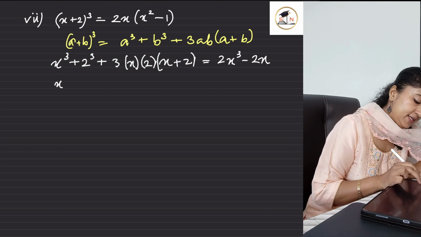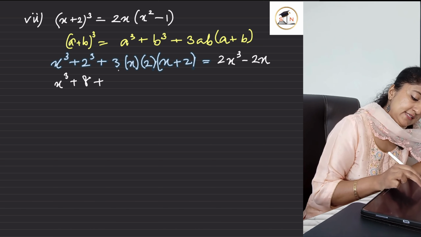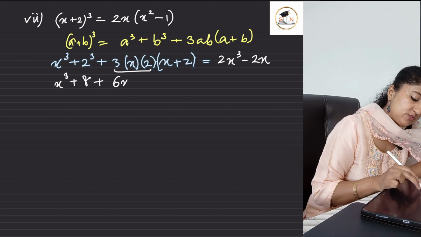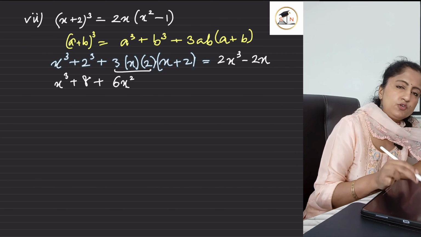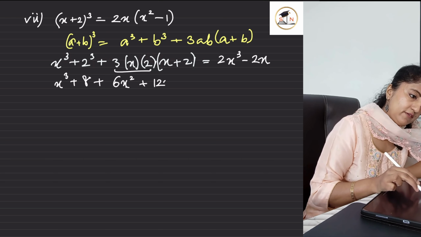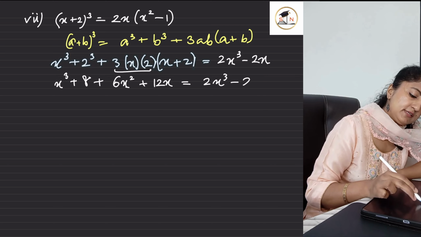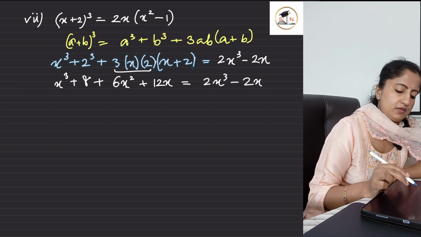I'll simplify the LHS. x cube plus 8 plus, over here we will have 6x. 6x into x gives us 6x square, and then 6x into 2 gives us 12x. So equals 2x cube minus 2x.